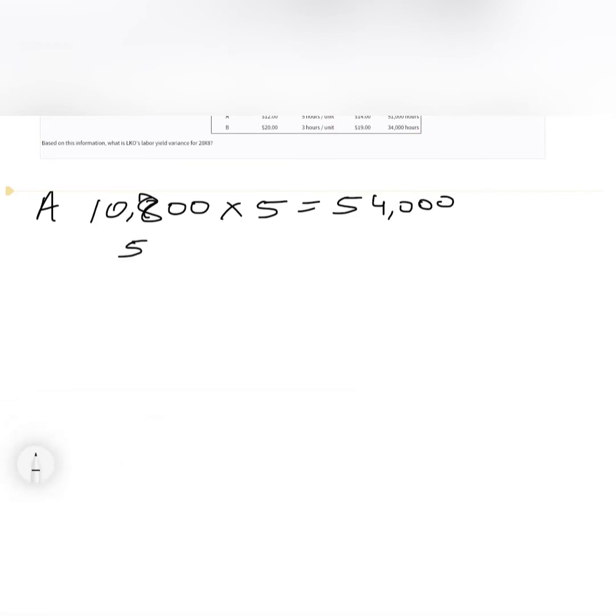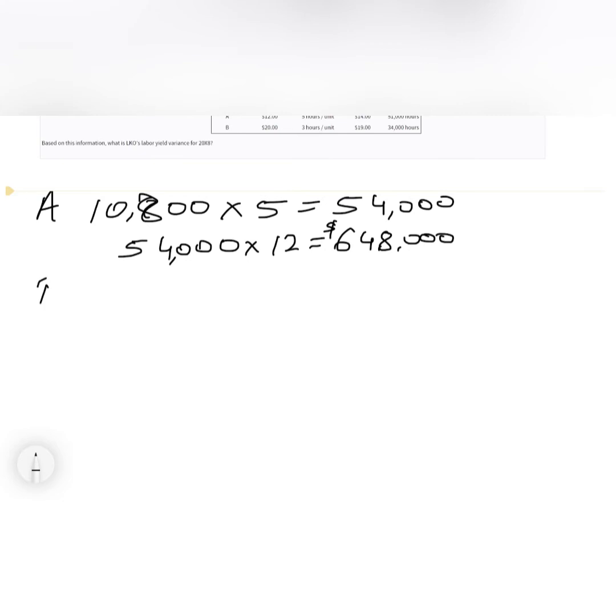Now, 54,000 hours multiplied at the standard rate of 12 yields $648,000 to be spent by employee A.